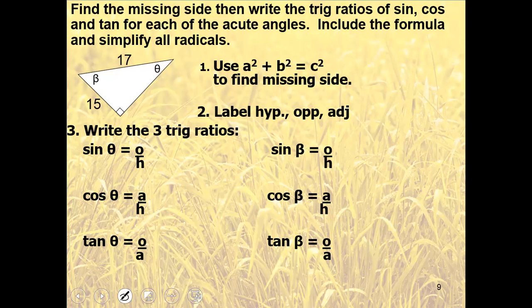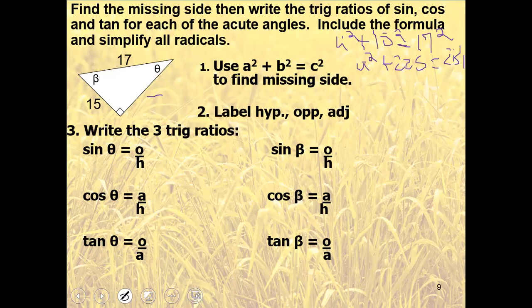All right, let's do this one. Seeing as I did theta the last one, I'm going to do beta on this one. So first we have to find this missing side, and we have to use our Pythagorean theorem. So I have a leg and a hypotenuse. So I have a squared plus 15 squared equals 17 squared. I know 15 squared is 225, and 17 squared is 289.